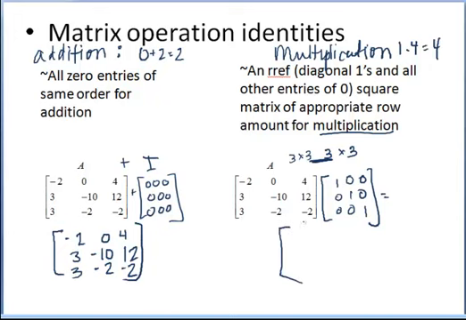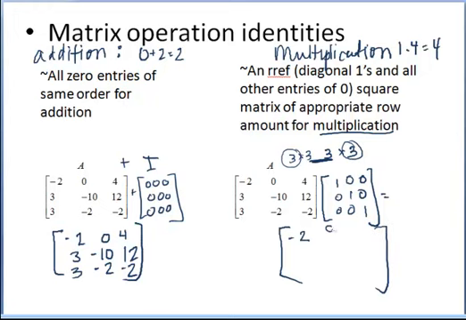What you will see is when you do this, you're going to have a negative 2 times a 1 plus a 0 times a 0 plus a 4 times a 0, so you're just going to get negative 2. Okay, then we're going to take this row, because we're expecting another 3 by 3 here.